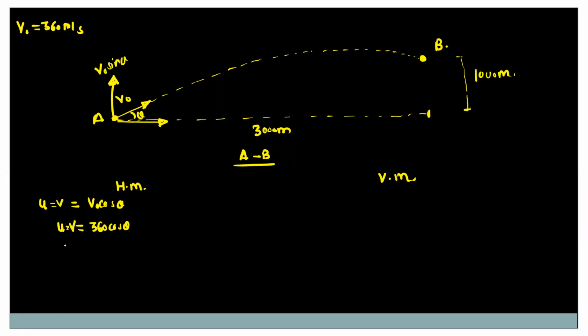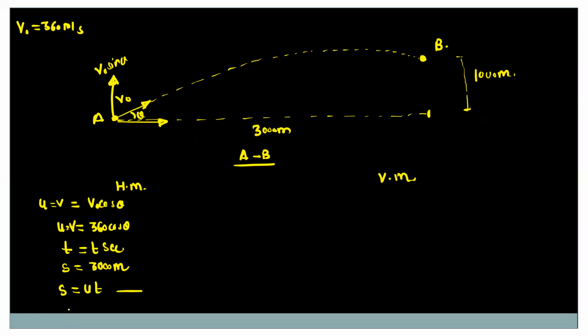Then the time taken to cover the distance AB in the horizontal direction is T second. And the horizontal distance S is equal to 3000 meter, that is 3 kilometer. So from this, we can write the equation S is equal to ut, because acceleration is 0, so the remaining term will be 0.